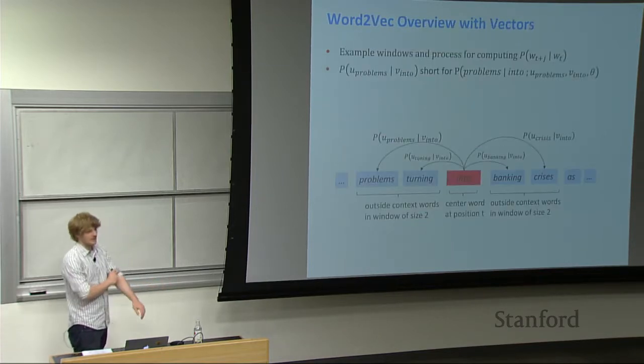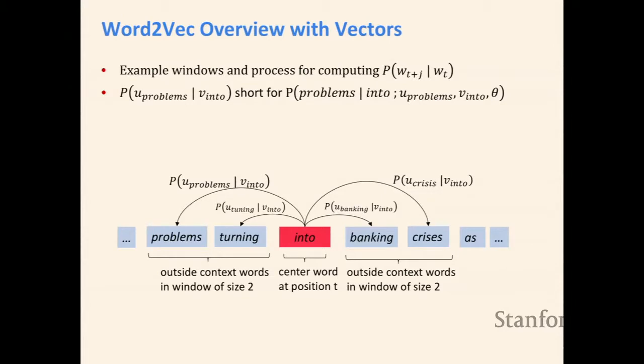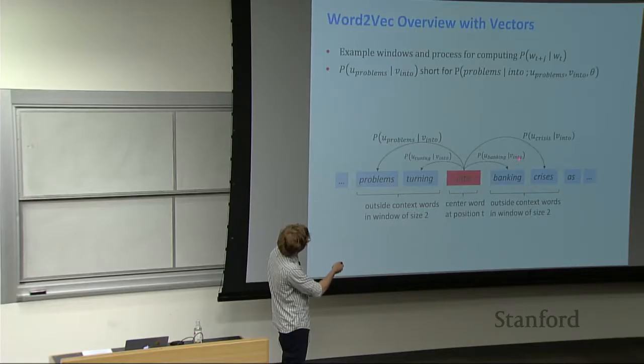All right, so it's kind of tricky sometimes to wrap your head around this idea that there are two vectors now for each word. So we'll look at this picture again, and we'll simplify the notation to make you see the difference. When we look at "into" right now, we'll condition on it, and this is short form for what we're really trying to predict.